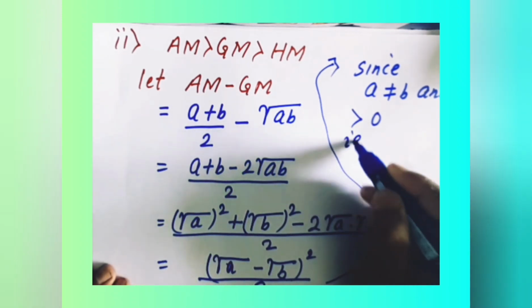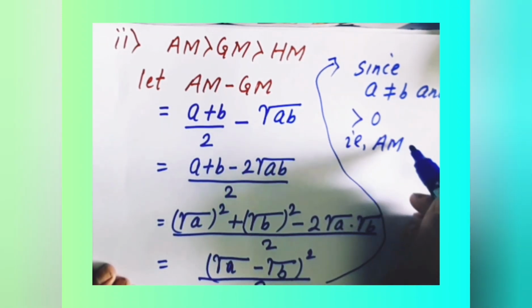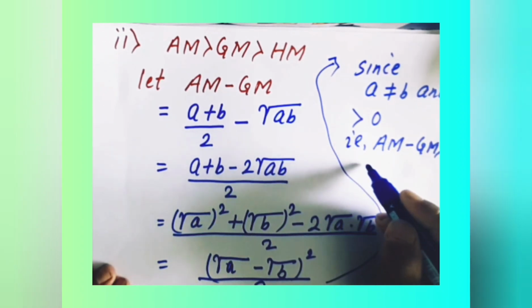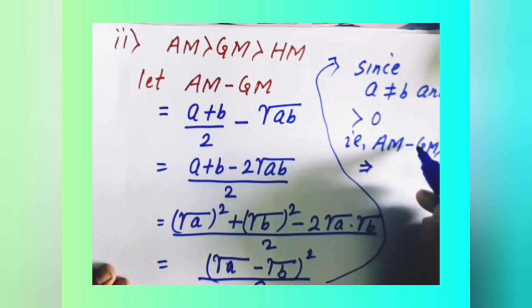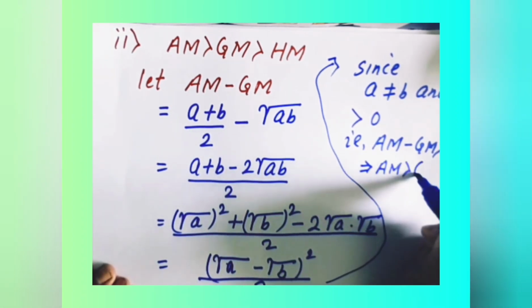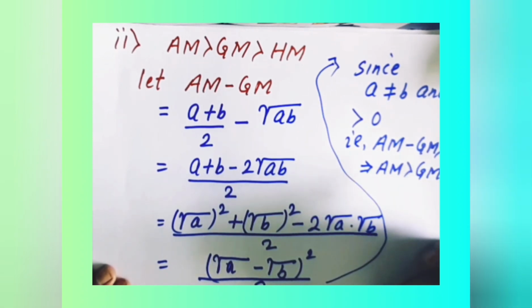So that means AM minus GM is greater than 0. If we shift it to the right-hand side, this becomes AM is greater than GM.